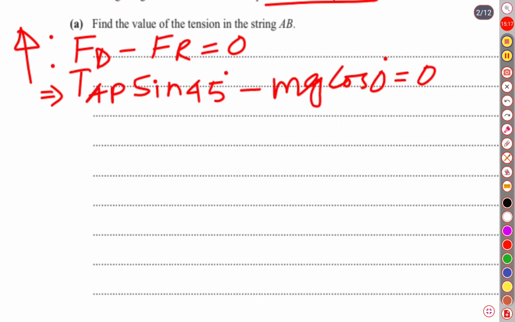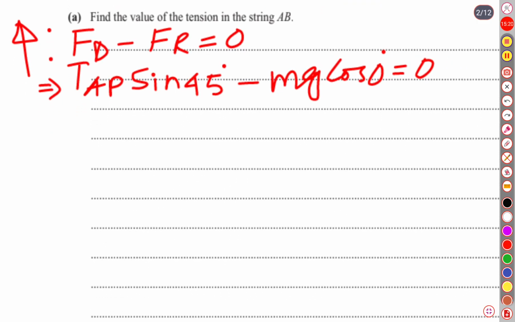After that, if we substitute the values, tension in AP, then sine 45 is what? 1 over root 2. So let us write together: tension in AP over root 2, minus mass of the particle is 0.2 kg.